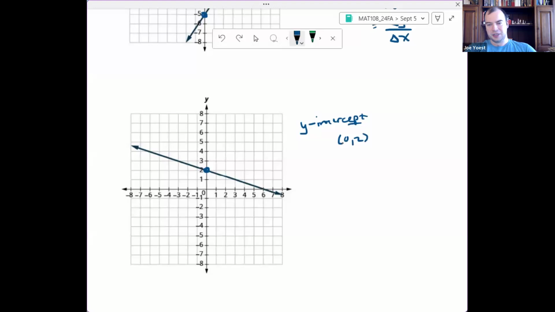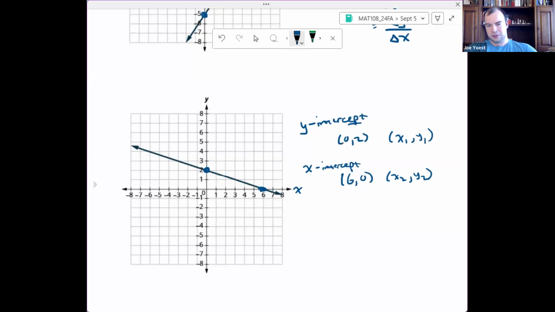And similarly, my x-intercept, where the line intersects the x-axis, that ends up being a nice number as well. When x is 6, y is 0. And I guess I'll call this x1, y1, and this x2, y2. Again, if you label them the other way, not a problem.